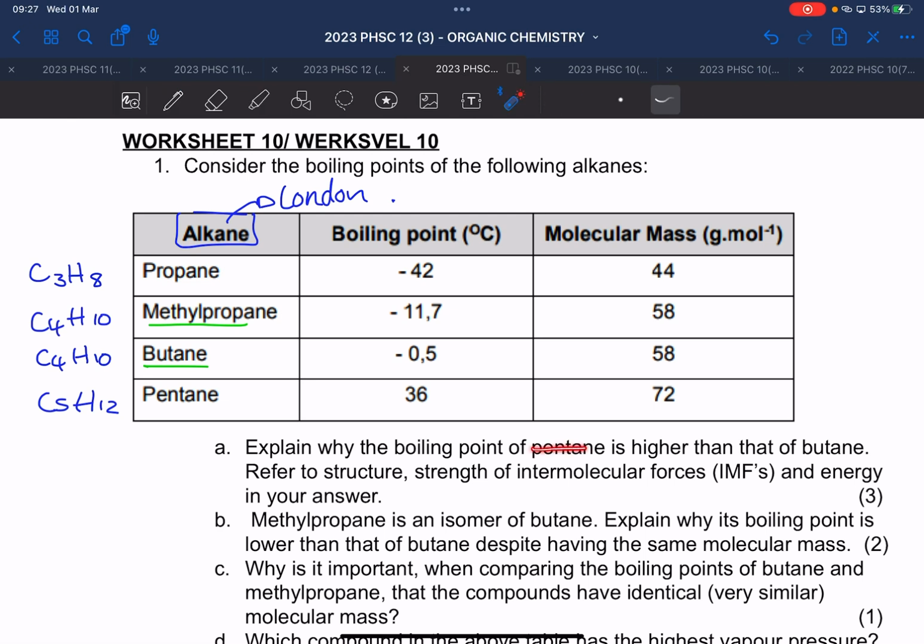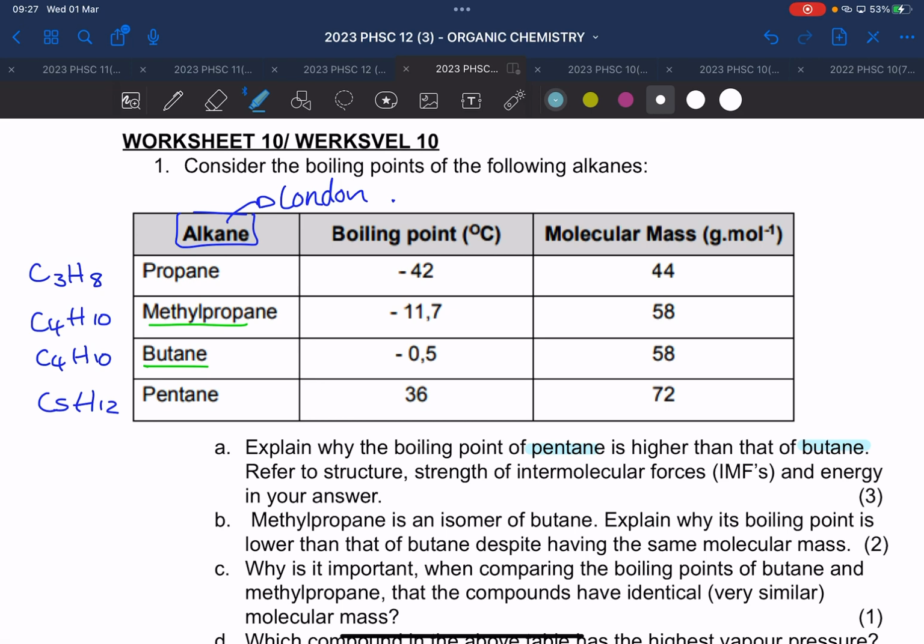So we must compare pentane with butane. Yes, exactly. That's why we did it last year, so that this year you get your 4 marks. They say refer to structure, strength, and energy in your answer.